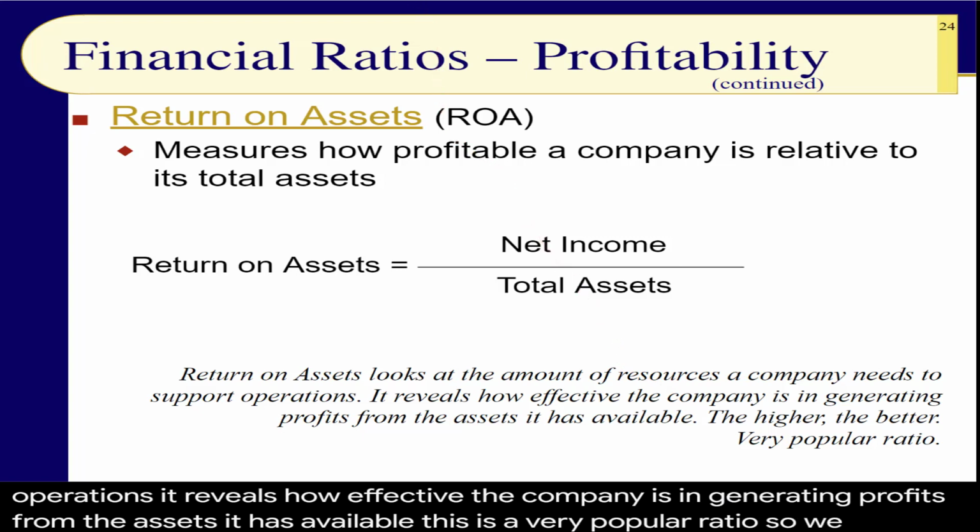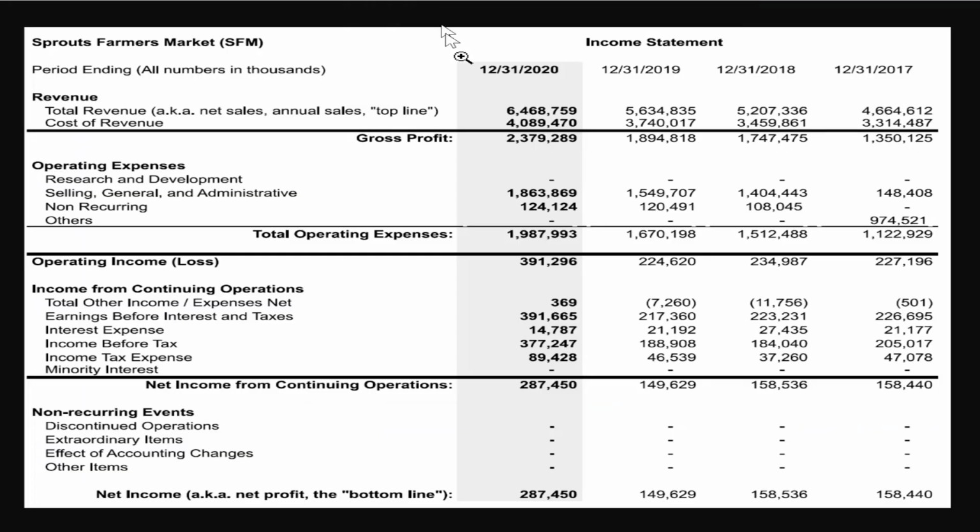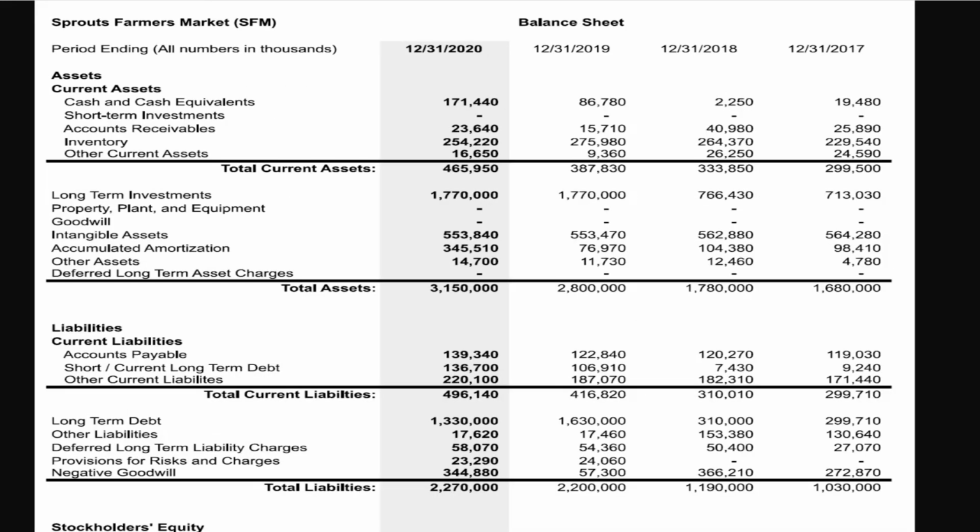So we remember the bottom line number for the income, 287,450. But now we have to go over to the balance sheet and find the total assets. And here they are, $3,150,000,000.